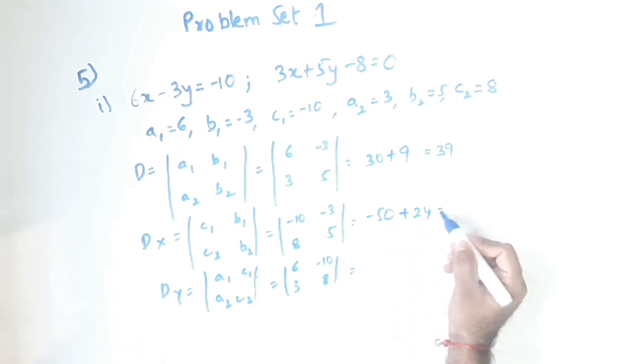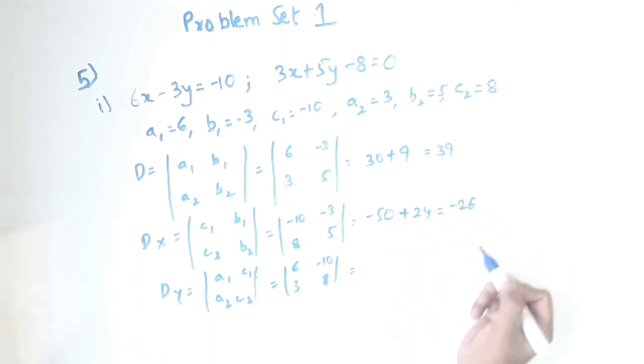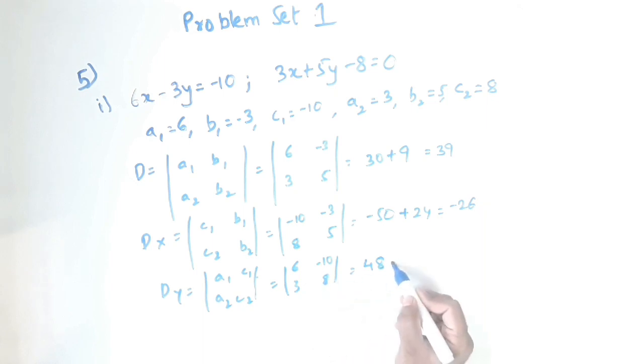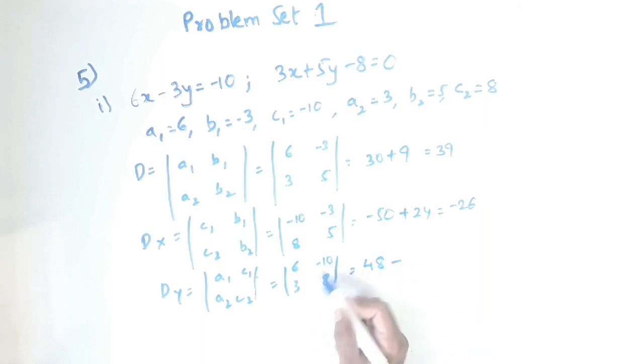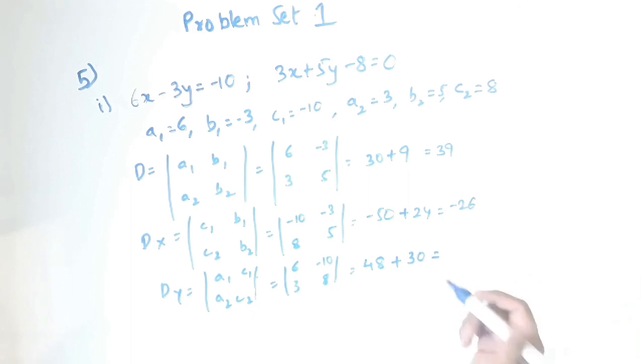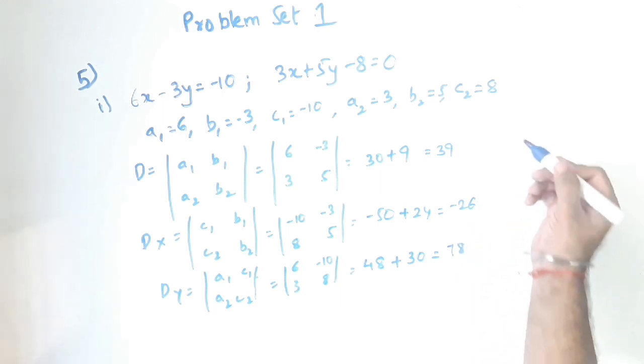So what is minus 50 plus 24? It is minus 26. And this is what? 48, 6 8s are 48, minus 10 3s is 30. So minus minus becomes plus. 48 plus 30. What is 48 plus 30? 58, 68, 78. Now you got d, dx, and dy.